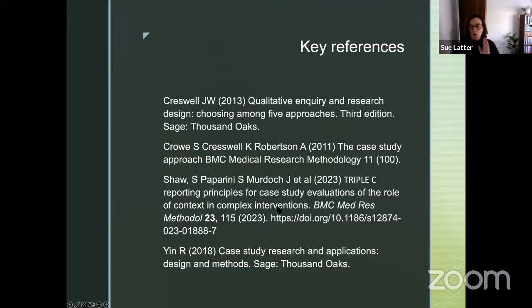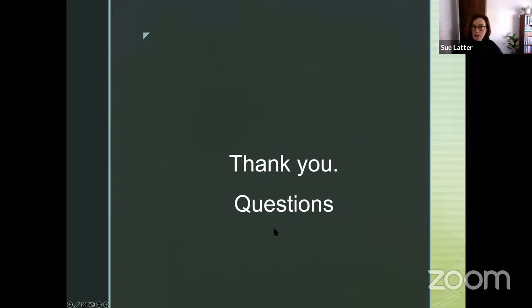And I think that's really important, because it starts to bring case study up as a transparent, reproducible, reportable way of undertaking research. So that's me, and I'm very happy to take any questions from anybody.